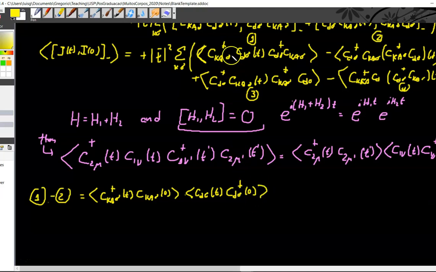Just remember that both of these are at time t, right?